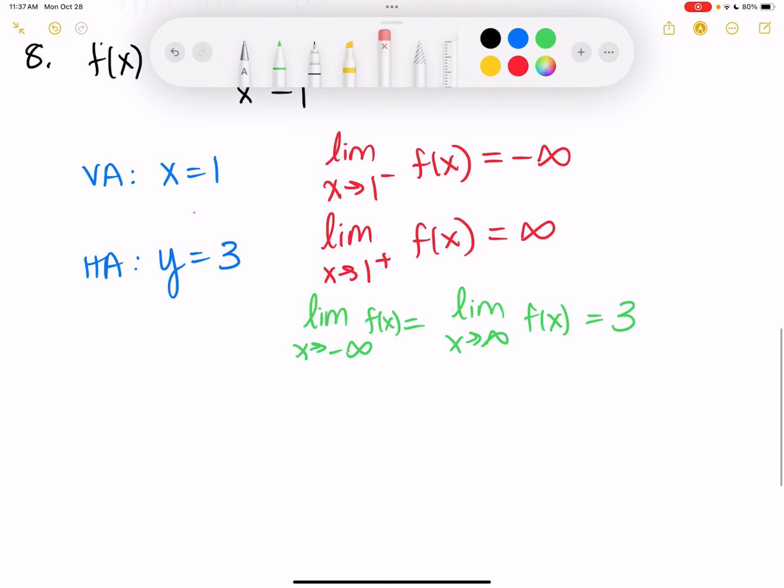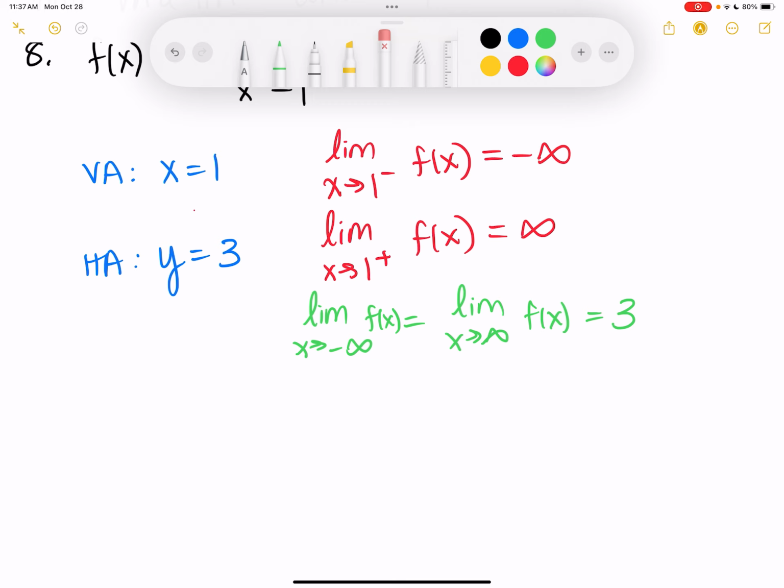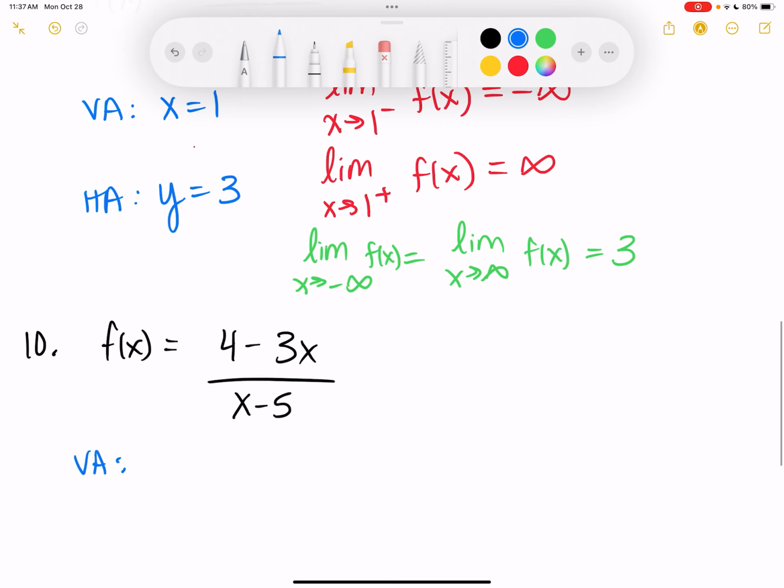Let's see, 10. F of x equals 4 minus 3x over x minus 5. So where is my vertical asymptote? X equals 5.